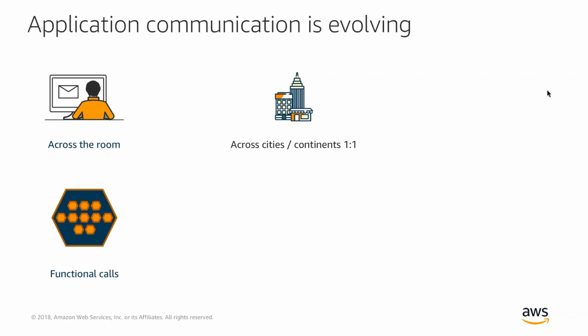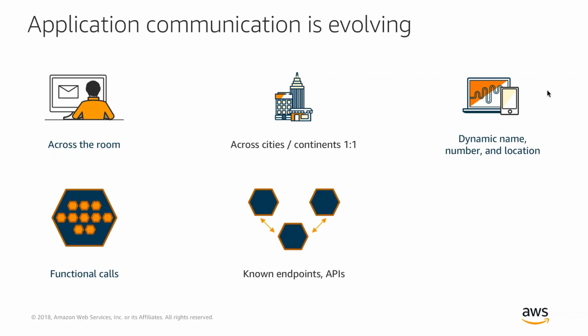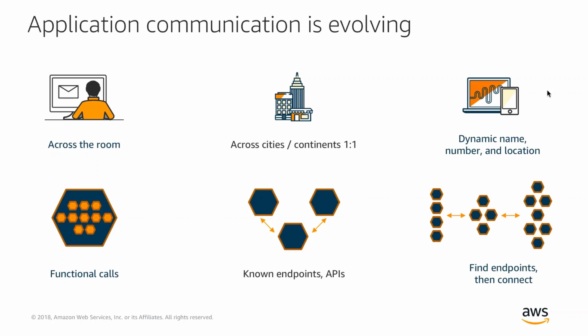And it needs to be able to communicate with other versions of itself or other application services using known endpoints and APIs. And in order to solve that problem, Service Discovery aims to give the different services dynamic names, numbers, and locations in order to allow your application service instances to find the endpoints of other applications and connect to them.